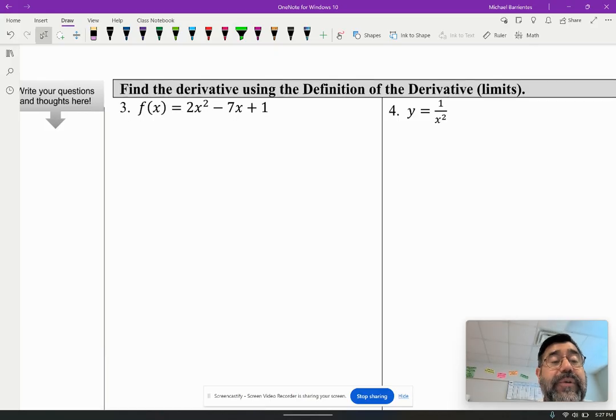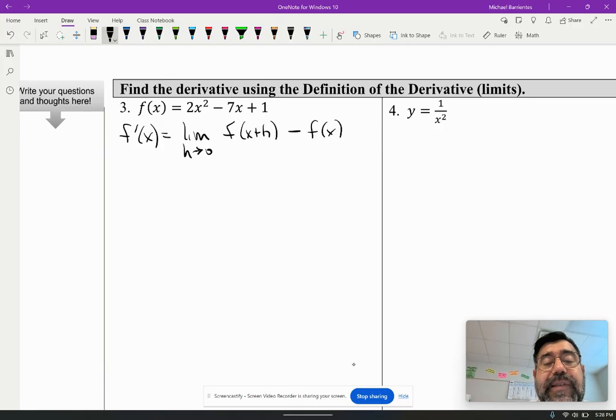So what are we trying to find? We're trying to find f prime of x. In order to do that, I need to find the limit as h approaches 0 of f of x plus h minus f of x all over h. I usually tell students this limit has 3 terms, right?